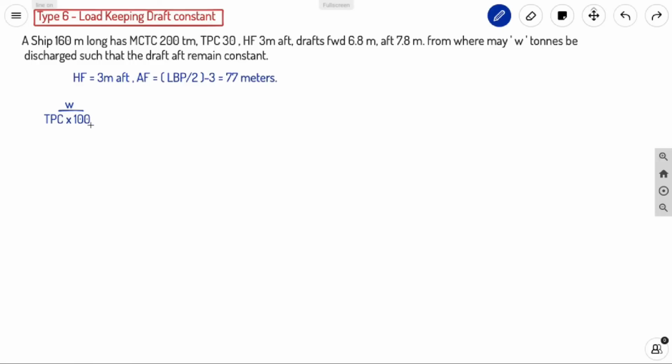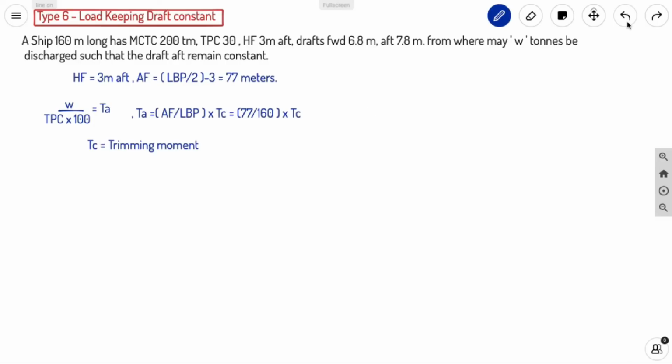Since TPC is in centimeters and everything else is in meters, we convert centimeters into meters. So W by TPC into 100 is equal to TA, and the value of TA we know is AF by LBP into TC. We know AF is 77, we know LBP is 160, and we need to find TC.